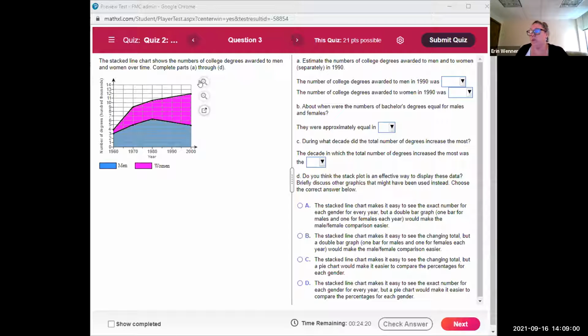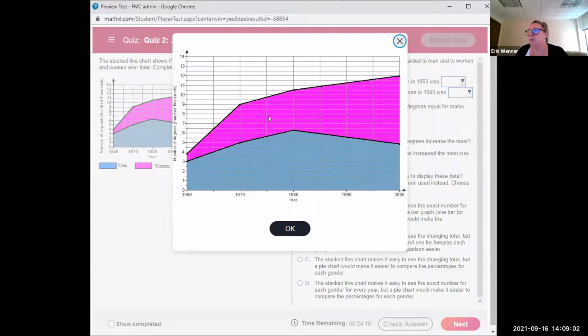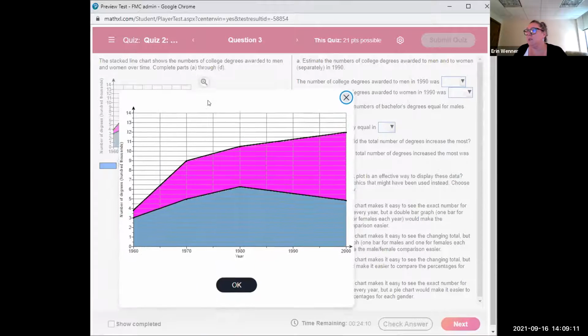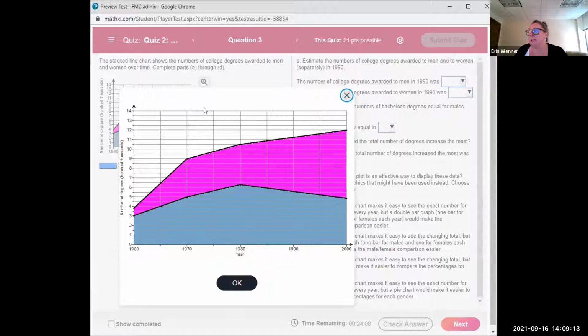Can you guys see the bigger thing show up? Okay. So the first question was the number of college degrees awarded to men in 1990. So if we go to 1990, we're going up. We can see, ooh, old lady eyes here. What is it, like 550,000?